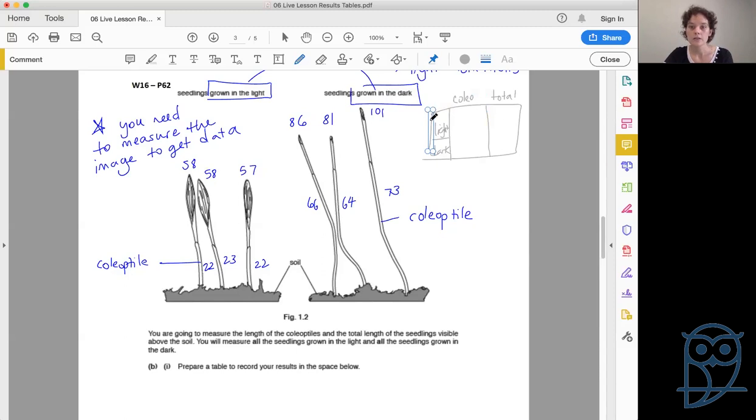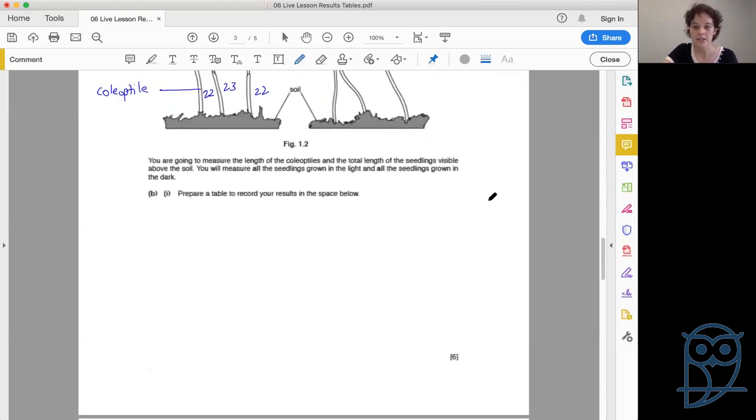Well, we can just add in another label. So trial 1, trial 2, trial 3, trial 1, trial 2, trial 3. Okay, so when we're looking at our dependent variable, we can add columns if we have multiple trials.